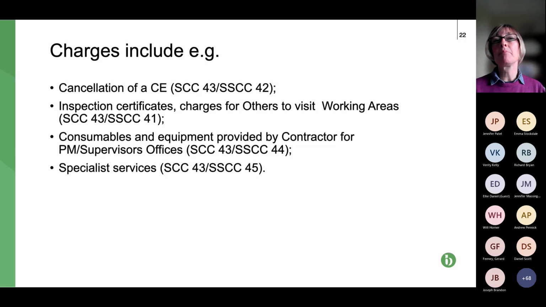It includes people where charges are made, say other people engaged by the client, the employer, or others, also includes statutory authorities, etc. It includes consumables and equipment, so we've already seen that, and some specialist services. So if we can move on to the next slide, please.